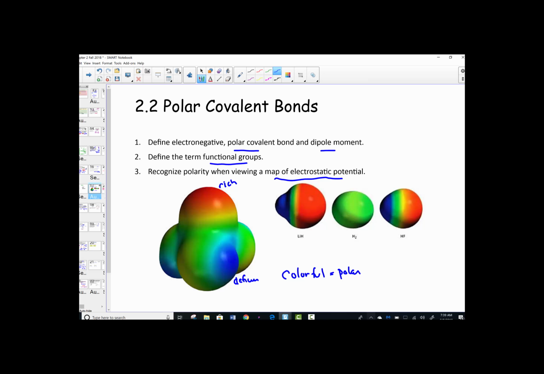We can see that this molecule is indeed polar because the electron distribution is unequal, with electrons being pulled to the top of the molecule. When I look at a compound called LiH, lithium hydride, the very rich electron-dense regions over here, where I see a high amount of red, tell us that the electron distribution is being pulled in the right direction.